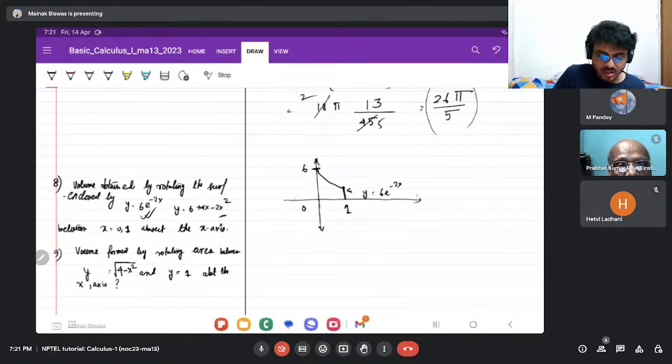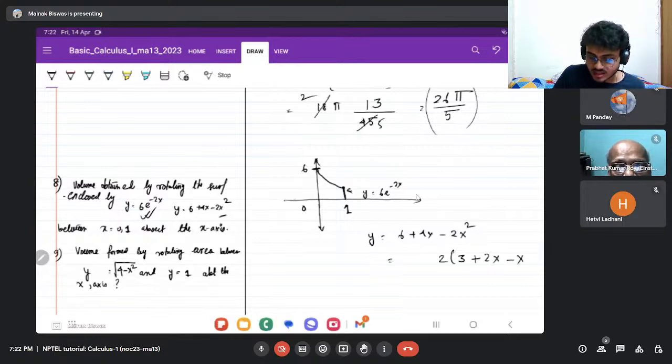And the second equation, what will it be? See, you complete the squares, you will be able to understand. y equals 6 plus 4x minus 2x squared. If I take 2 common, I'll get 3 plus 2x minus x squared.